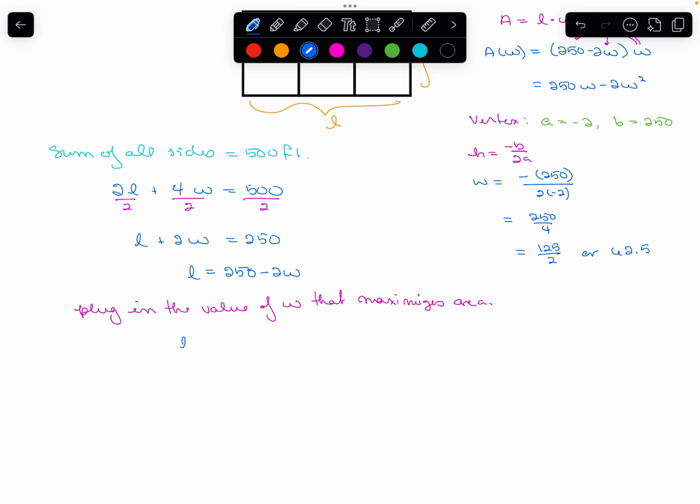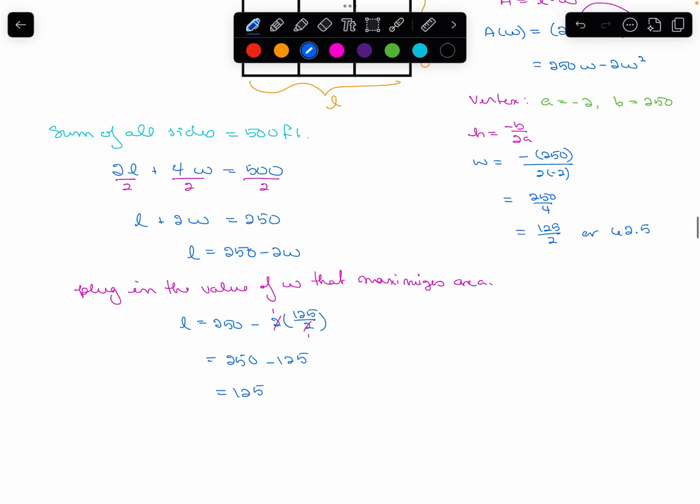So that means I'm going to have length is equal to 250 minus 2 times 125 over 2. So those cancel and go to 1. And so I have 250 minus 125, which equals 125.